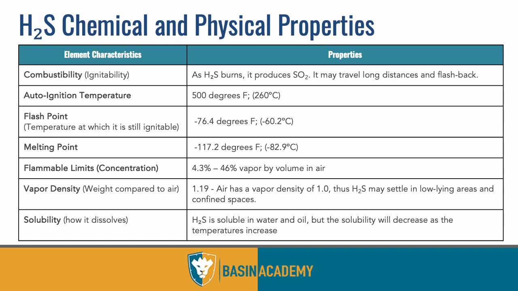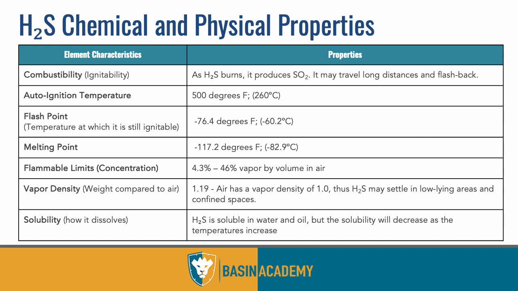Melting point, not really something we're dealing with, but it is also very low. Flammable concentration, this is important, 4.3%, which is where most gases, propane, butane, pentane, ignite, right around 4.3%. But most of them become too rich to burn at about 14%, and H₂S flies by them to 46%.